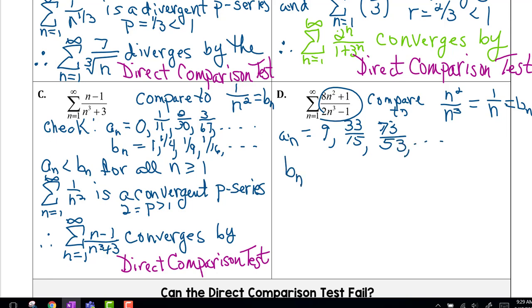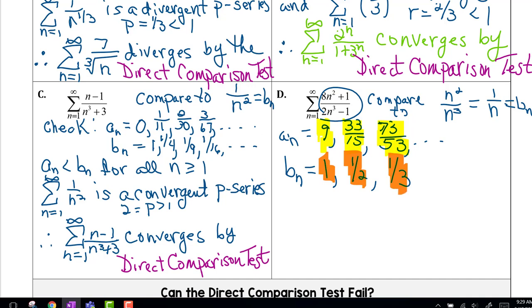And our b sub n's, and we want to see if they're bigger or smaller, we have 1, then 1/2, and 1/3. And what you're going to notice is the first term in our a sub n is 9. That's a lot bigger. And the second term is more than 1, and so is the third term. But in our b sub n, we're at 1, and then we're at less than 1 for each of these.